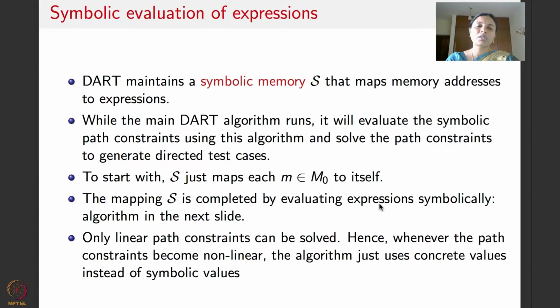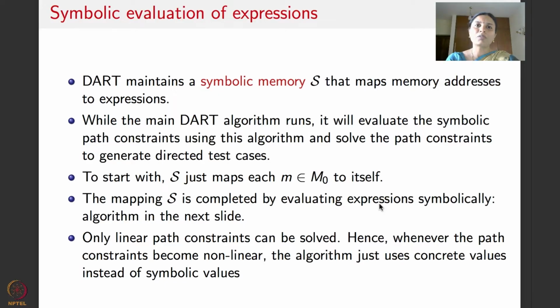I told you constraint solvers cannot handle all kinds of path constraints because the problem is undecidable. In particular, constraint solvers cannot handle path constraints that are not linear. That is, path constraints of the form 5x squared is not equal to 0, or 3x cubed is greater than 0. Any kind of non-linear expression, it's not good at handling.